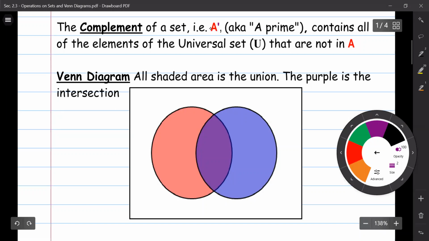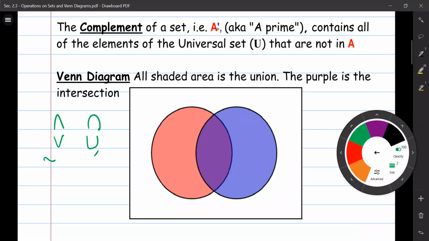I will often read that as A prime, or not A. So this is where you can start to see parallels between chapter 2 and chapter 3, because in chapter 3, we had and, or, and not, and in chapter 2, we have intersection, union, and prime or complement. So those go together.